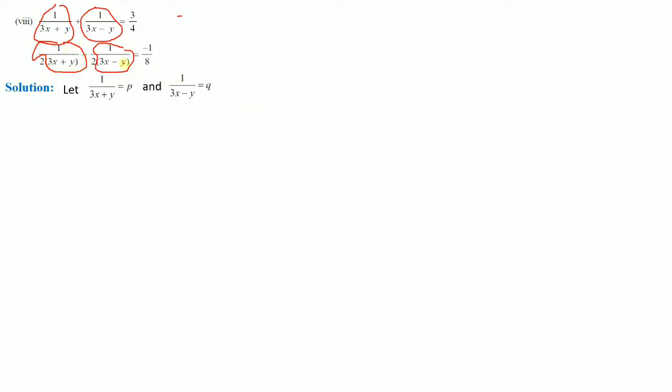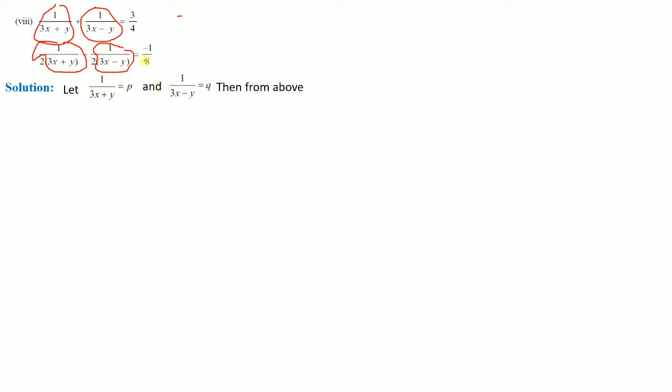Okay, so then from this equation we will have p plus q is equal to 3 by 4, and 1 upon 2 into 3x plus y means p, so we will write p upon 2 minus q upon 2 is equal to minus 1 upon 8.